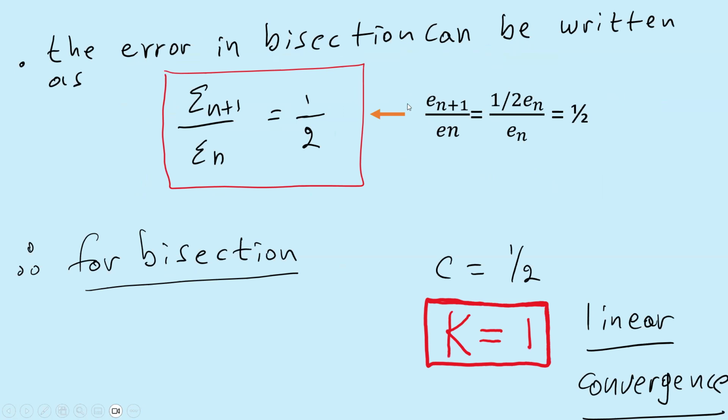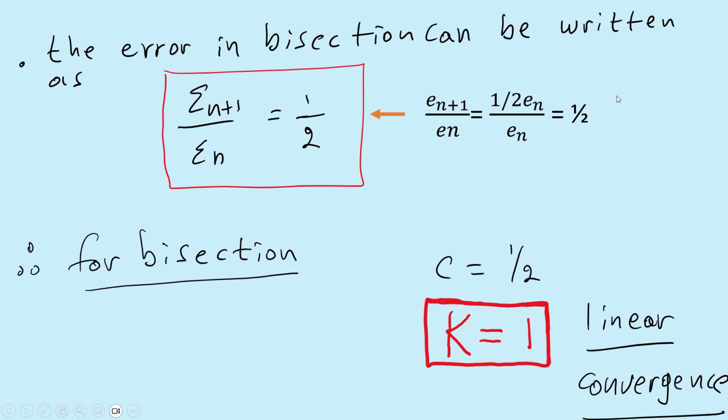The error at iteration n plus 1 is half of the error at the nth iteration, because we learned that in the bisection method, the error at each iteration is half of the error from the previous iteration. So we can write half of the error at the nth iteration.